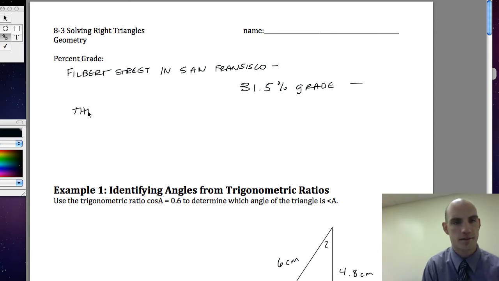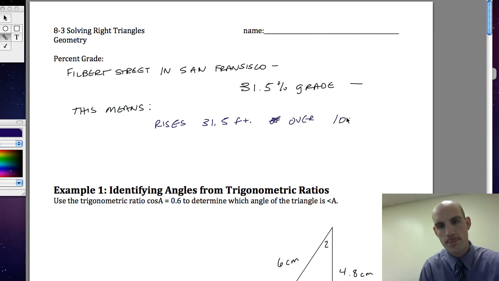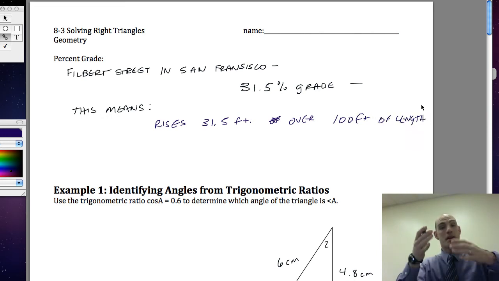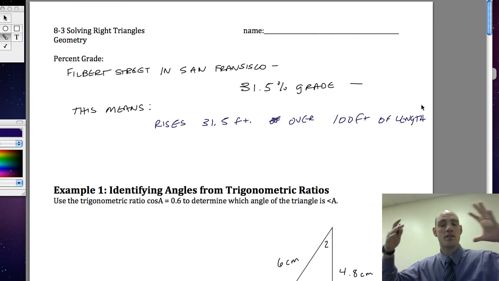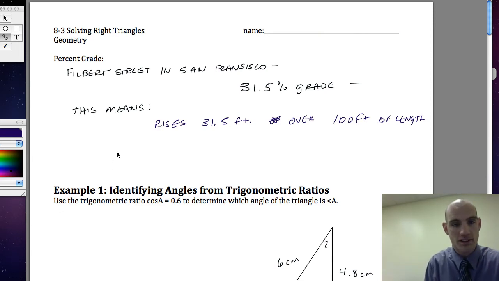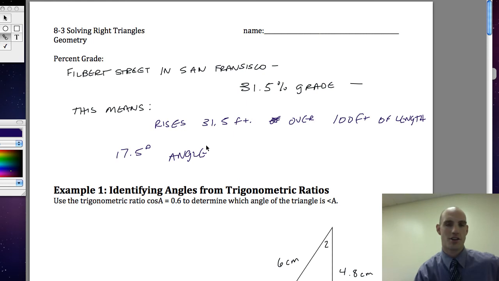This means that it rises 31.5 feet over the length 100 feet. This can be given as an angle. The angle can be given by the amount that it rises over the amount that it goes. And this actually corresponds to a 17.5 degree angle. And we're going to see how exactly we do that using trig ratios.